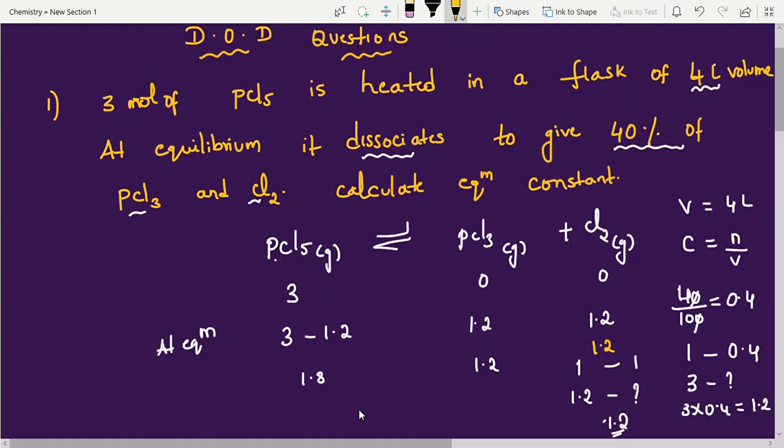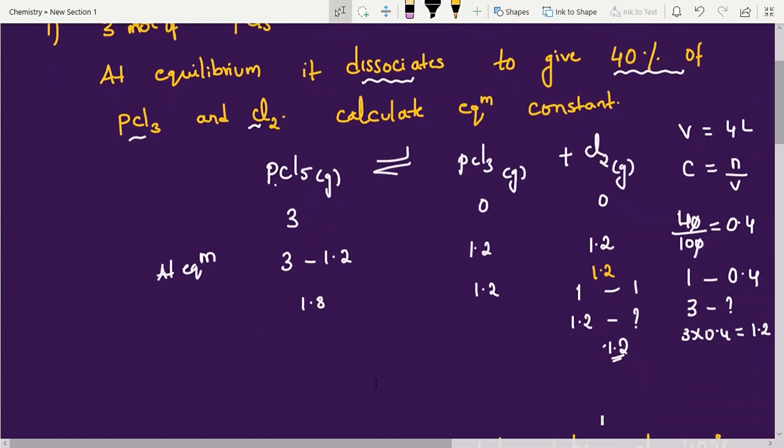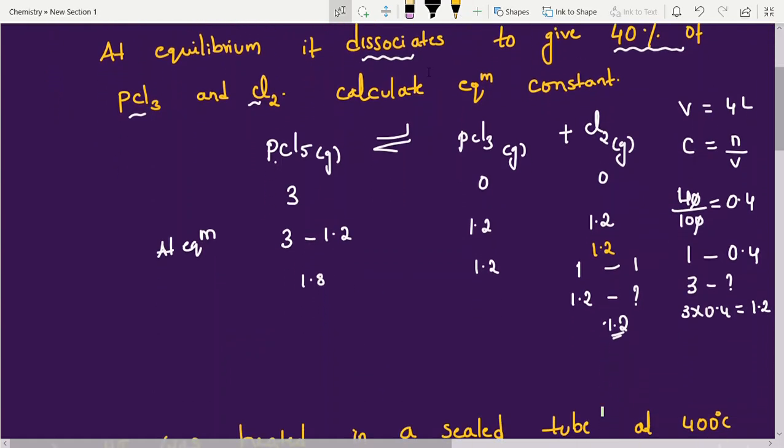Now, students, what will we do here? What is the next step? This is just number of moles, right? Now what will we do? Concentration. Concentration is nothing but number of moles by volume in liter. Volume, how much? 4 liters. This is 1.8 by 4. This is 1.2 by 4.